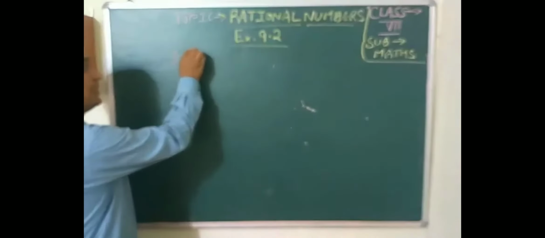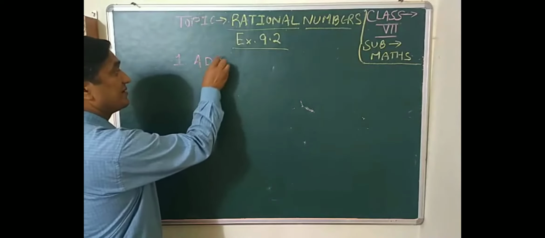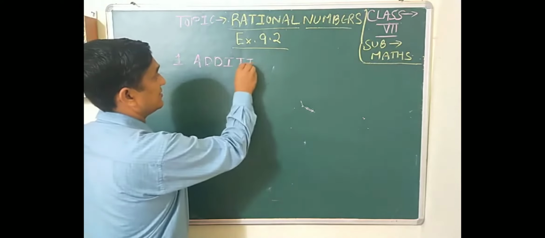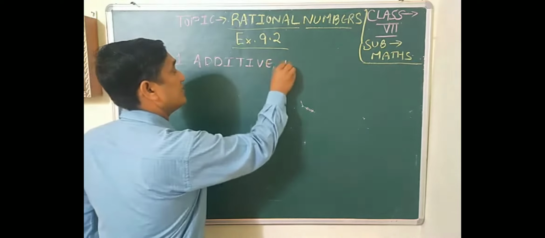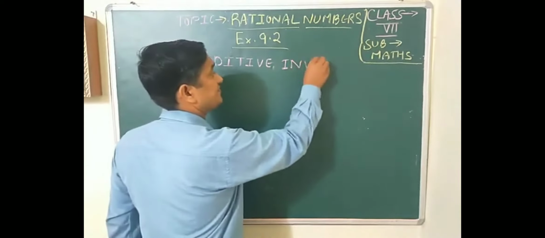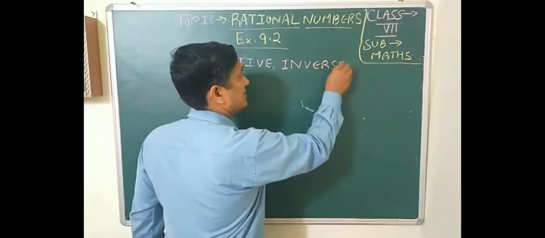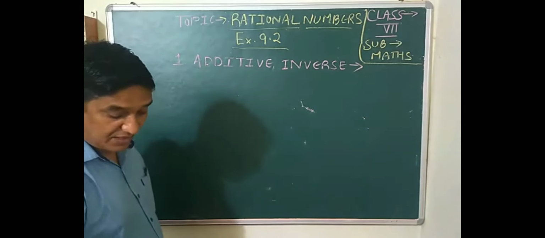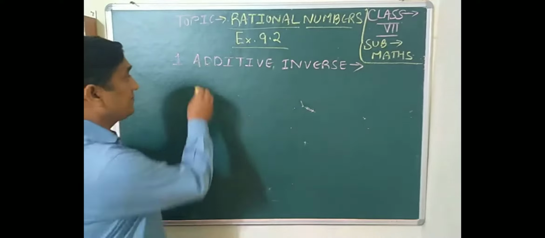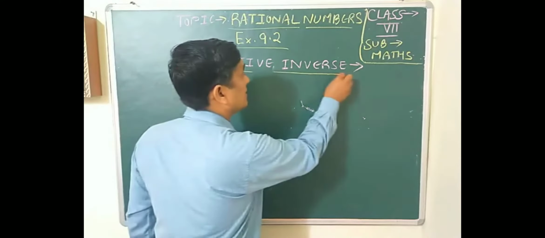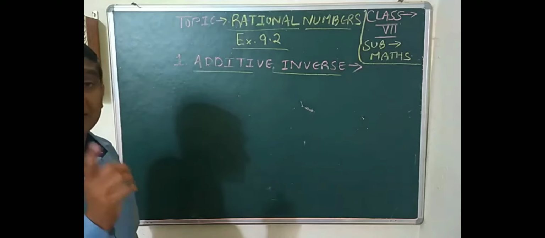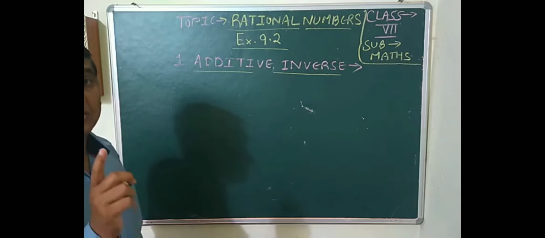Number one is additive inverse. Additive inverse means, children, if we add any two rational numbers, their sum is zero.